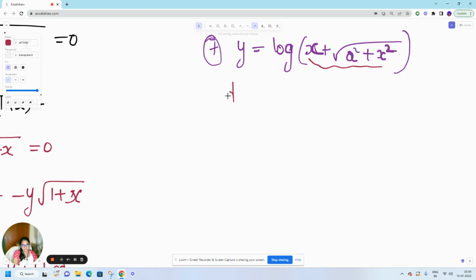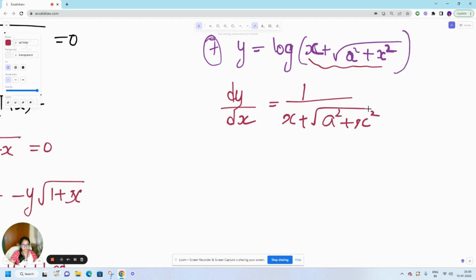So dy by dx is equal to 1 divided by t, that is 1 divided by x plus square root of a square plus x square. What is the next step? You would find the derivative of t, that is d by dx of x plus square root of a square plus x square.